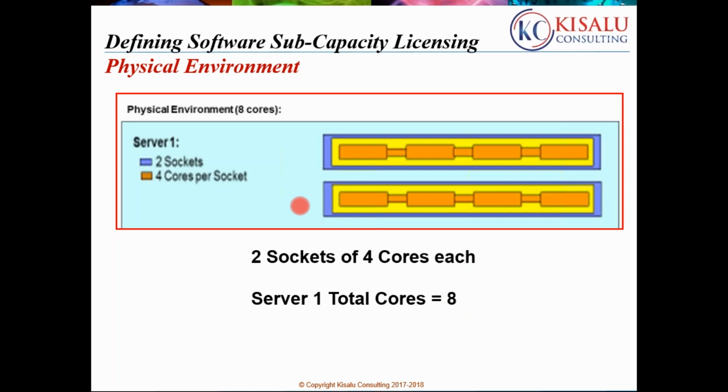Initially, before 2005, 2006, if we were to license the server, we wouldn't count the cores. We would just have 2 sockets, which would represent basically 2 processors, because we didn't have multi-cores that could go into one socket.